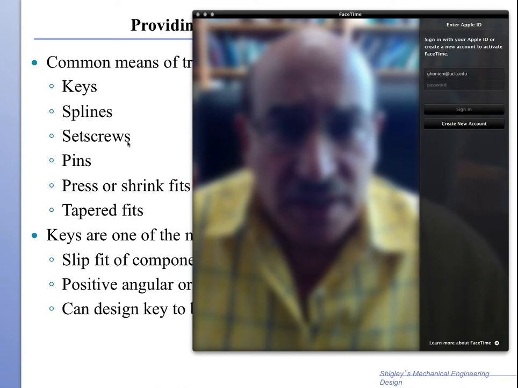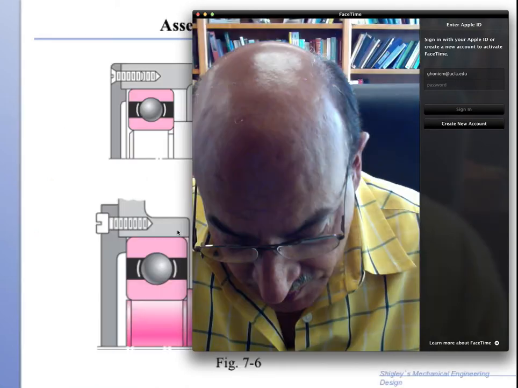For instance, keys and splines and set screws are used to transmit torque, and sometimes we use pins, or we can also use the idea of press or shrink fits to make sure that components or parts of the shaft will fit into each other. So these are possibilities that are used for providing torque transmission.